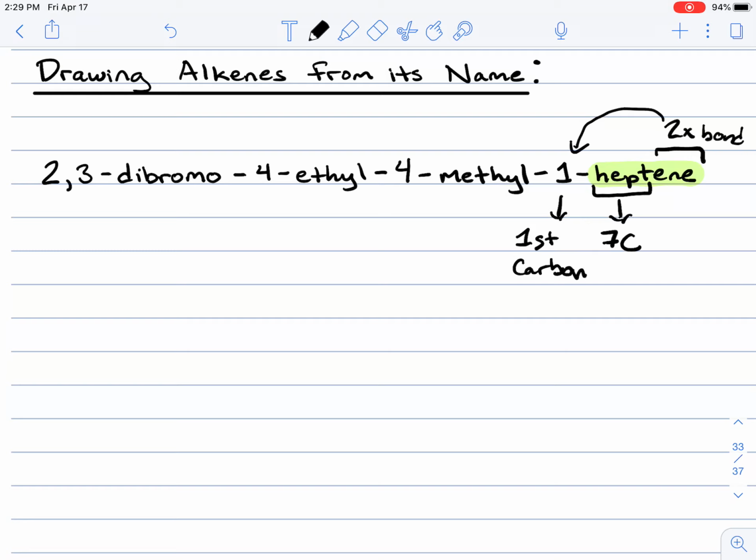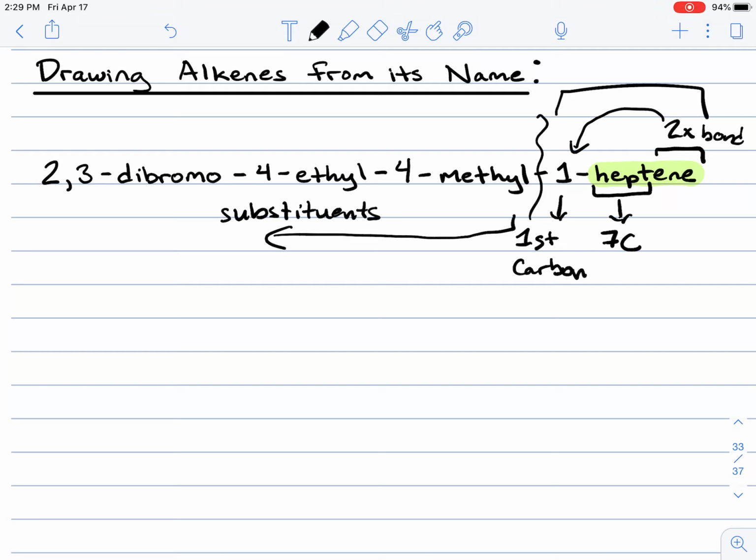Now that I've deciphered what's going on in this section, I'm going to draw that out, because that's going to give me the foundation of how I'm going to place everything else. If you recall, everything else to the left of that squiggly line that I just drew is going to represent all of your substituents. And you cannot draw your substituents if you do not have your parent chain drawn.